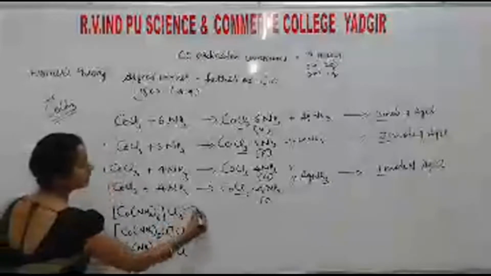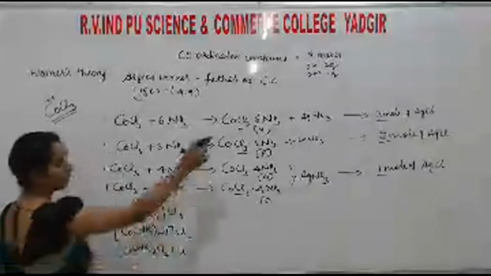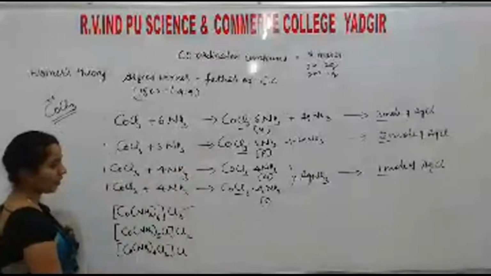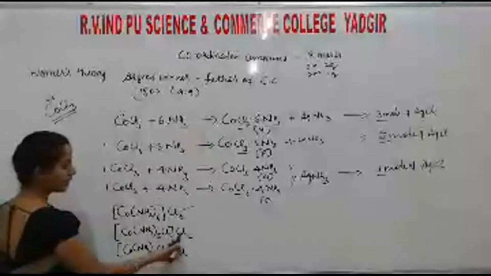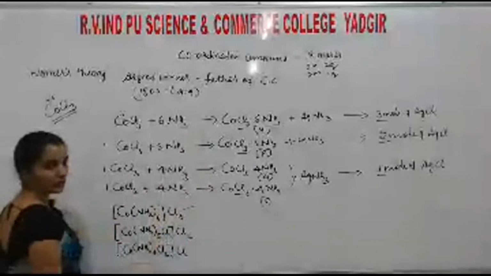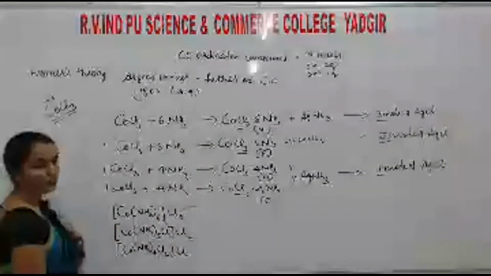So in the first, 3 Cl atoms are outside the coordination sphere. They are free, so they easily react with AgNO3 to form AgCl. That's why we have 3 moles of AgCl. Here it is Cl2, that is 2 moles of AgCl. Here it is Cl, that is 1 mole of AgCl.